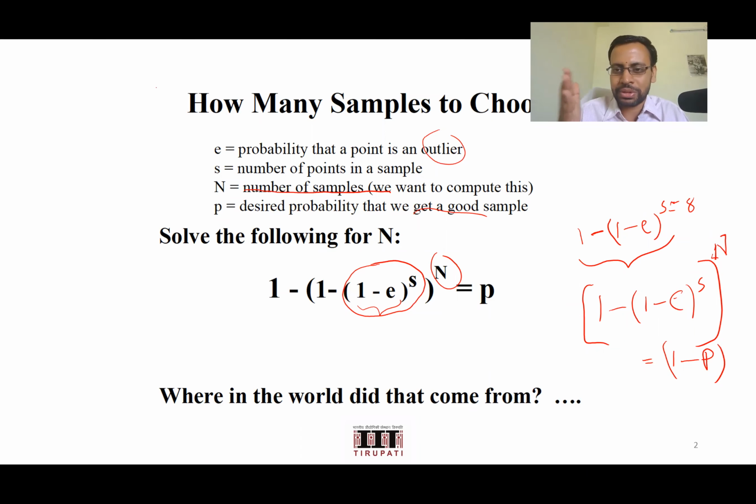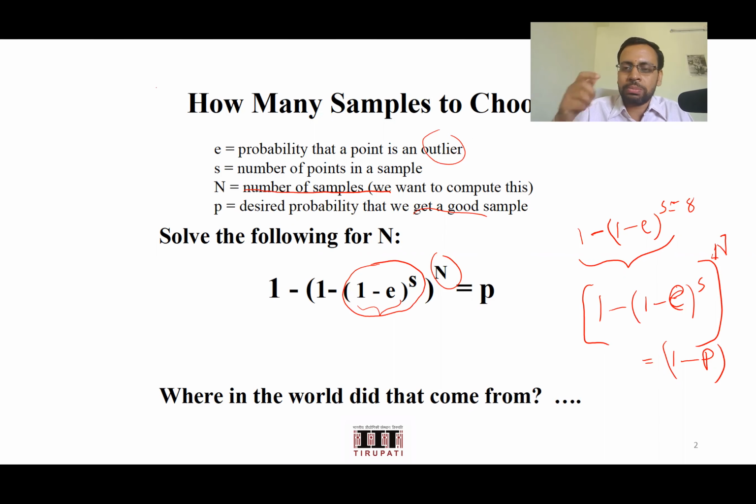You should know this from probability without replacement. Even when you do it, the number of points is so high that picking 1 or 2 points doesn't really change anything. Coming back, 1 minus E is the probability that the point you picked out of the whole set of points is an inlier.